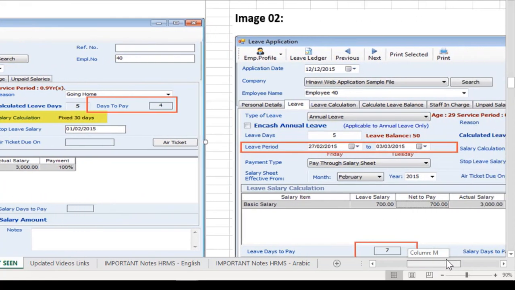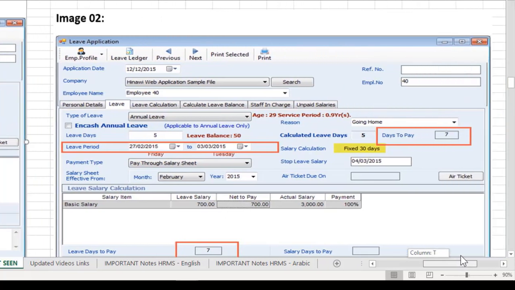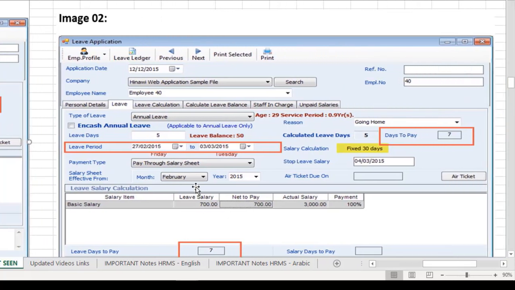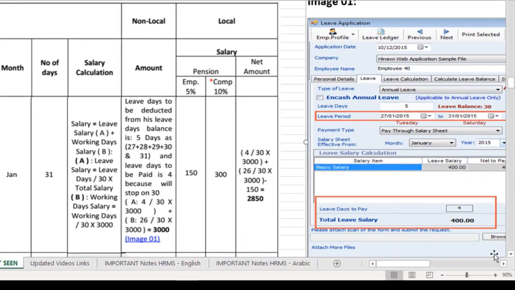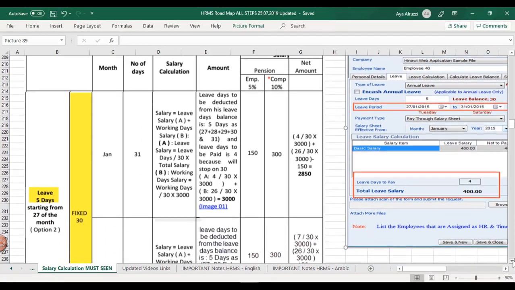If we're talking about February now, notice here that the days of the leave are 5 days and calculated are 5, but there will be 7 days to be paid. And we have seen why there are 7 days to be paid for February. Let's go here again and see.